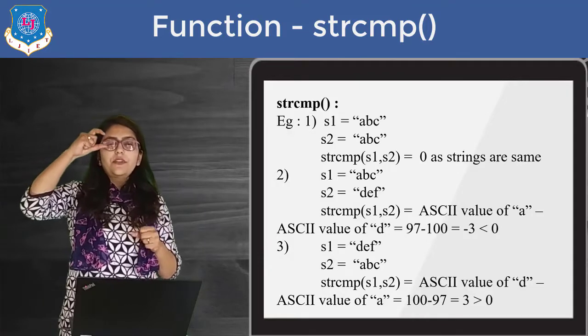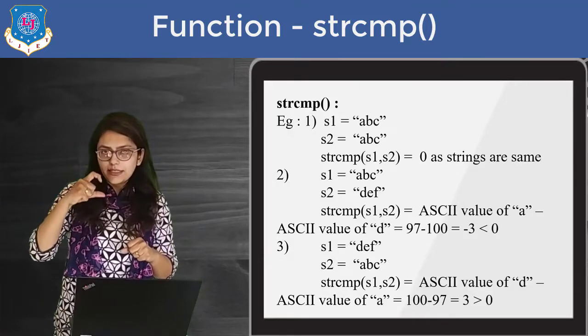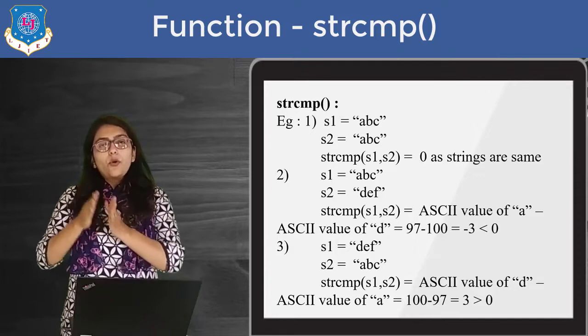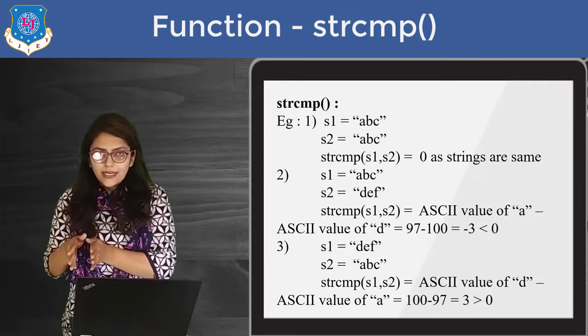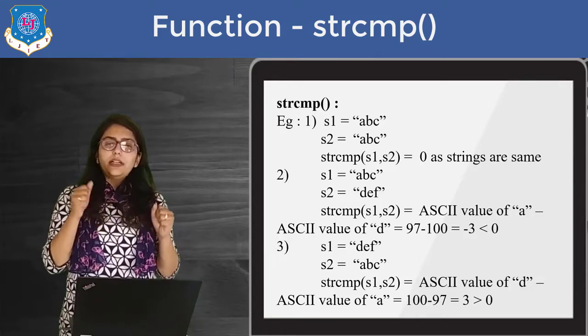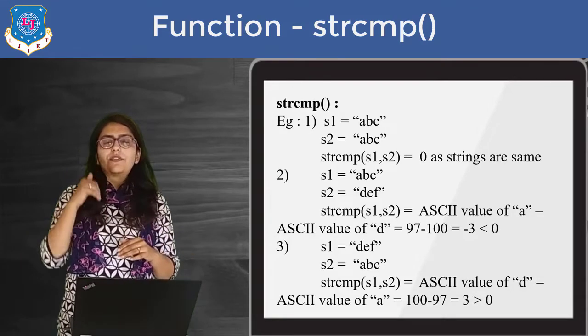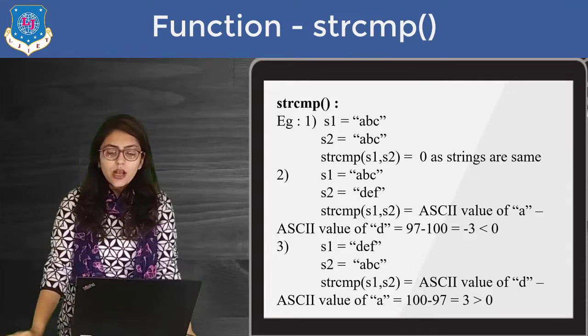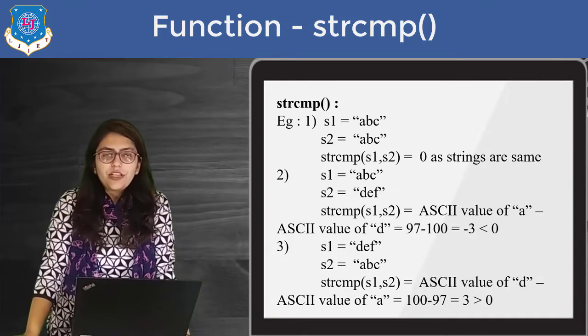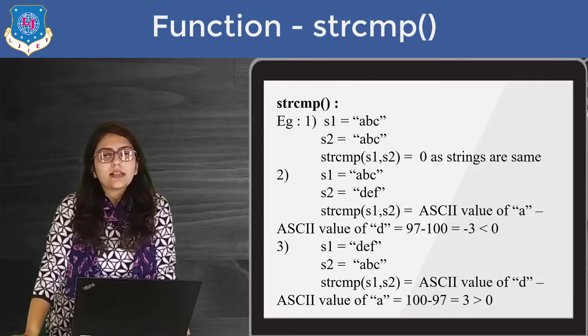First we check whether the first character's ASCII value minus the second character's ASCII value is 0 or not. If it is 0, it will go further to check the second character. If it is not 0, then it knows that these characters are different and my strings are different, right? In the third case, I have given the interchanged strings, in which the first is def and the second is abc.